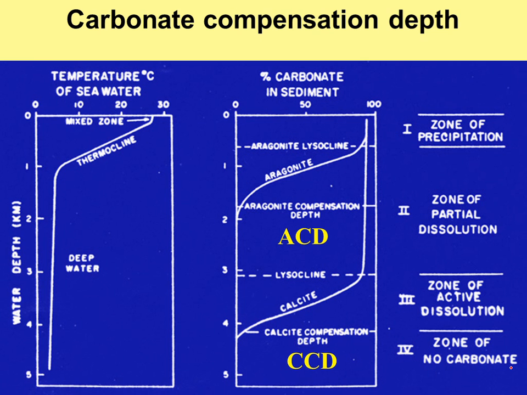It is very rapid dissolution. Calcite, because it's a somewhat more stable form of calcium carbonate, undergoes the same sort of problem, except it can survive to somewhat greater depth. So you see a significant increase in calcium carbonate or calcite dissolution by the calcite lysocline.